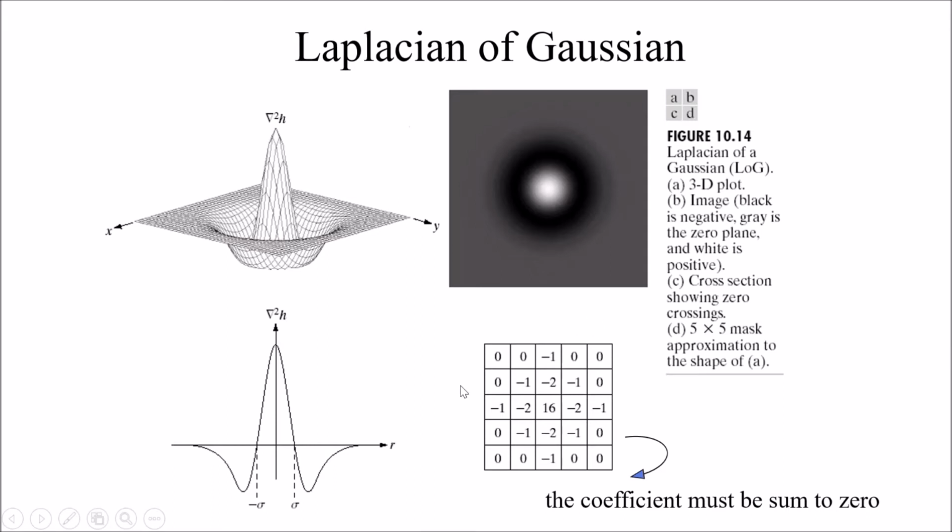This type of kernel will have the same effect, in which the center is positive and most of the boundary is negative. The shape of this, if you look from the top of the image here, is the same effect as the kernel that you slide throughout the image.